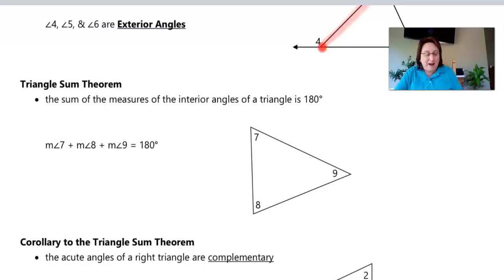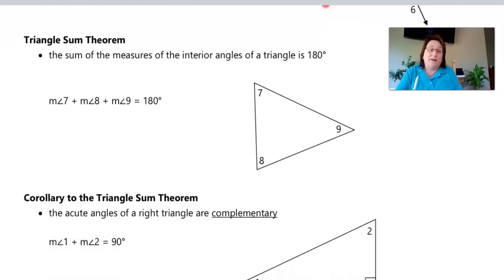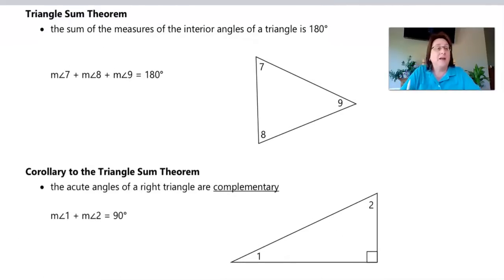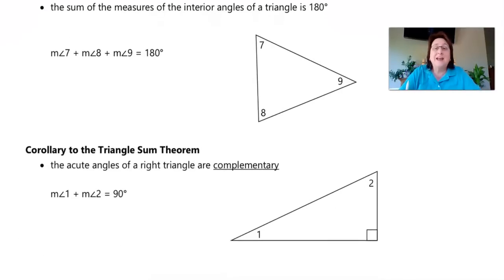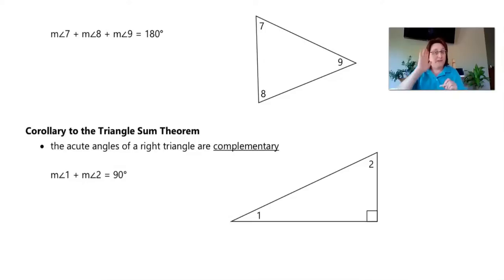All right, now, there is a corollary to that particular theorem. And that says that in a right triangle, and this is only in a right triangle, guys, the measure of angle 1 plus the measure of angle 2 would equal 90 degrees. So let's test this.